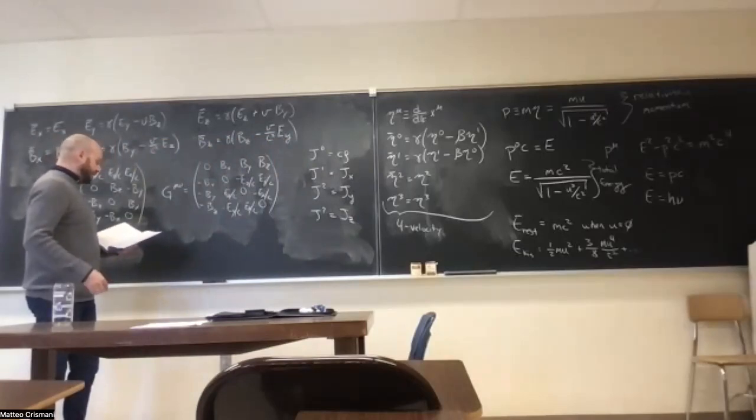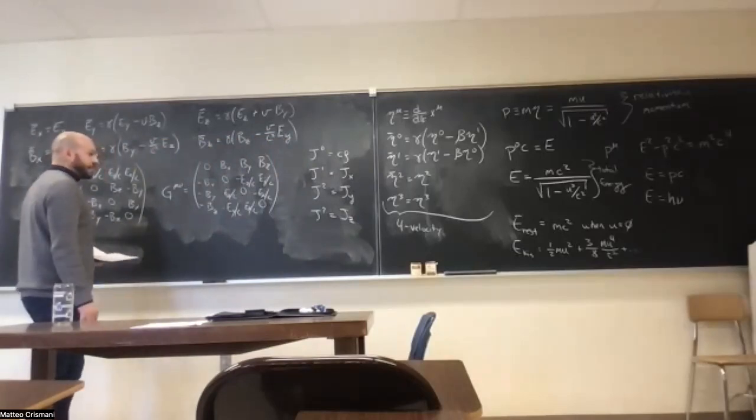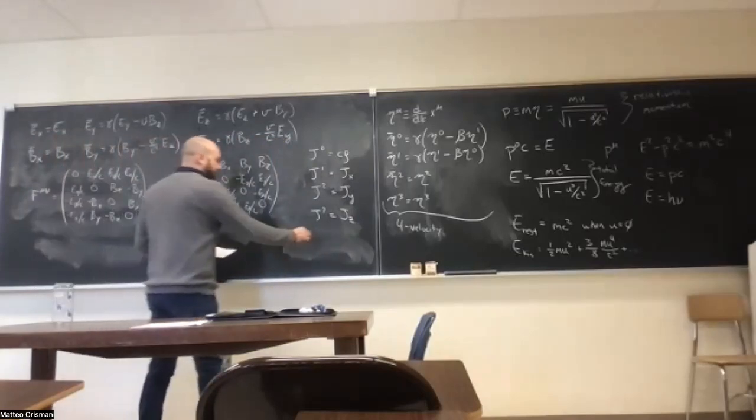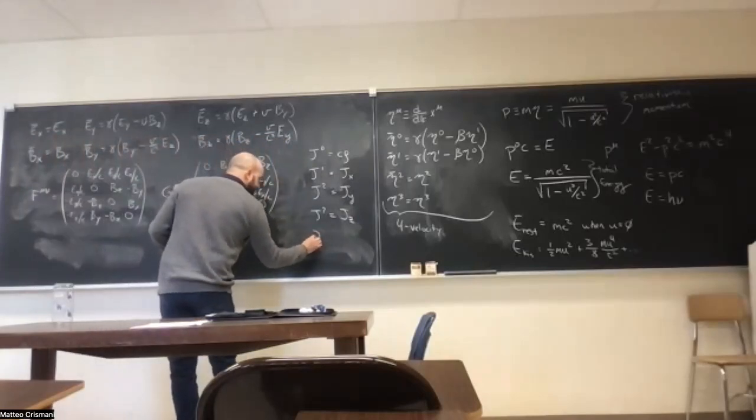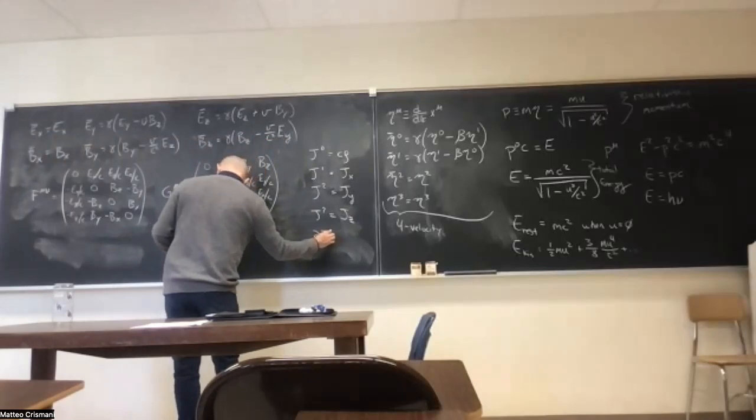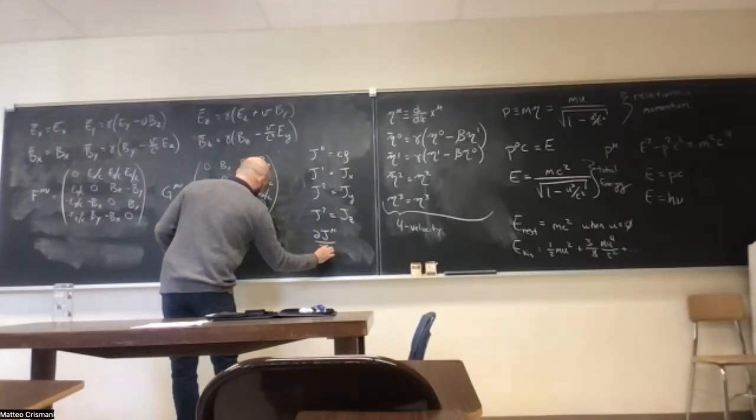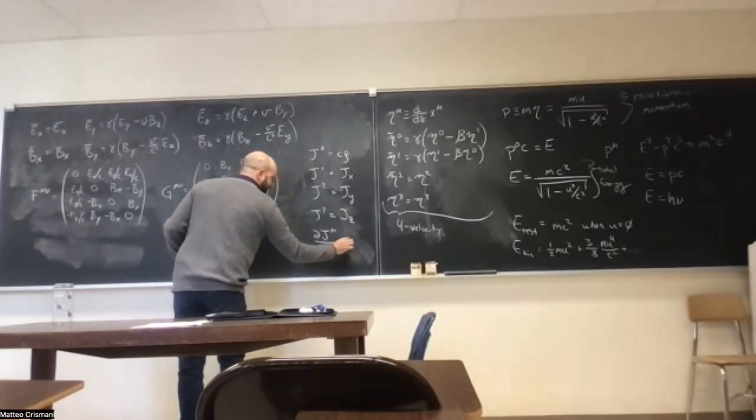So if we write it that way, then we can write a couple different things. For example, you can write the continuity equation. You remember the continuity equation? Negative change of rho over time. But now it's not that anymore, it's just this.